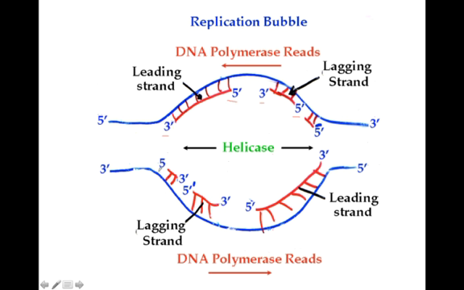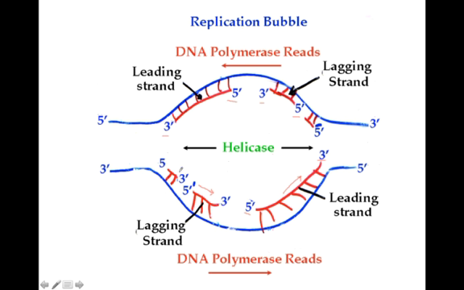And on the other strand of DNA down here at the bottom, here's our leading strand. We're building from 5 to 3, so we're building in this direction. Over here, we're also building from 5 to 3, but this is the lagging strand because we're building away from the replication fork.